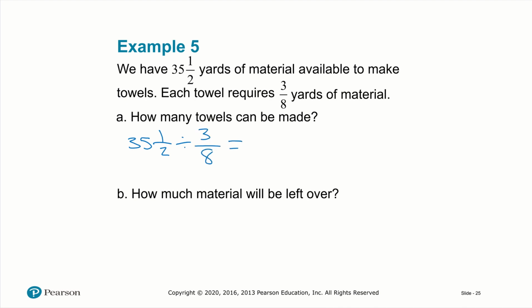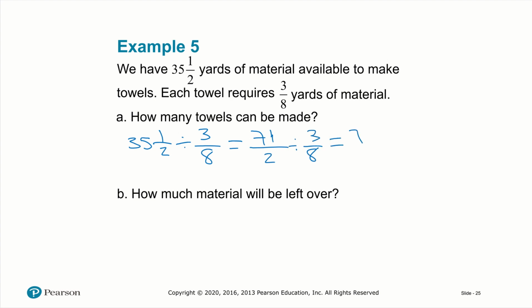So first we're going to convert this to an improper fraction. So we get 2 times 35 is 70 plus 1 is 71. So we get 71 over 2 divided by 3/8.